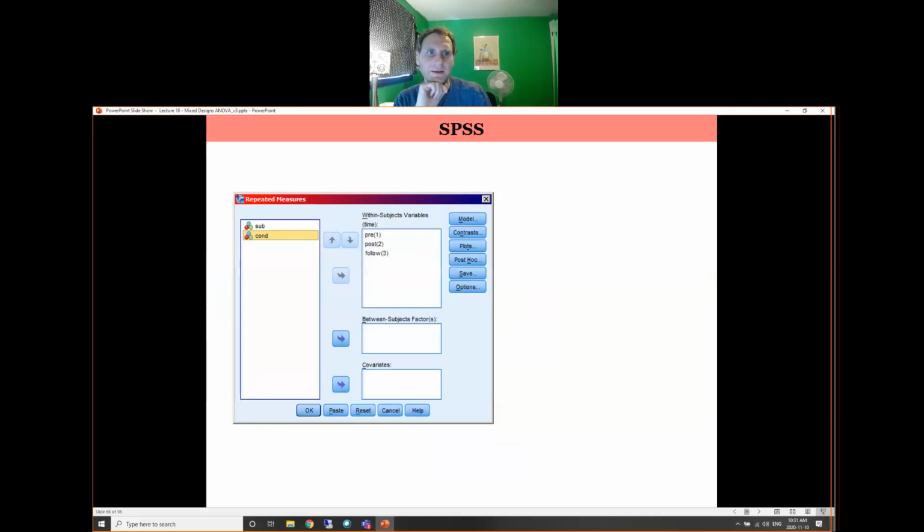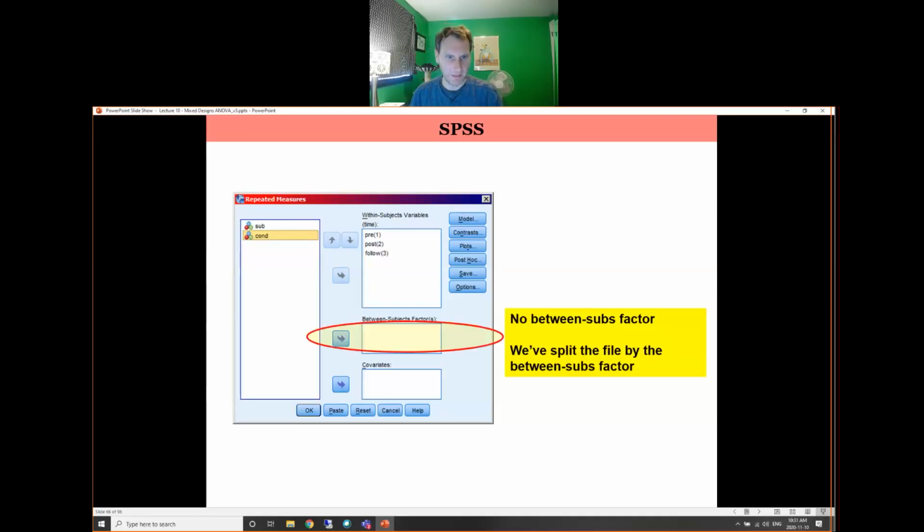And now I come back to my repeated measures ANOVA, right? Analyze, general linear model, repeated measures. And I'm not going to set up a between subjects factor because there is no between subjects factor anymore because I've split the data. Now I have 3 data sets, an SIT data set, a prolonged exposure data set, and a counseling data set. So within each of those data sets, there's no between subjects factor, so I could just get rid of that.